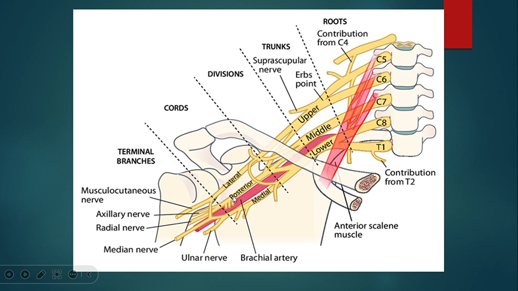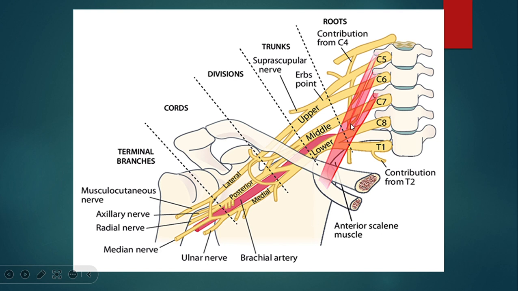The first letter in STAR is S, which is the superior subscapular nerve, and then we have T, which is the thoracodorsal nerve, which is not shown here. And then we also have the axillary nerve, which is this one, the radial nerve, and also the inferior subscapular nerve. So that's the introduction to the brachial plexus.